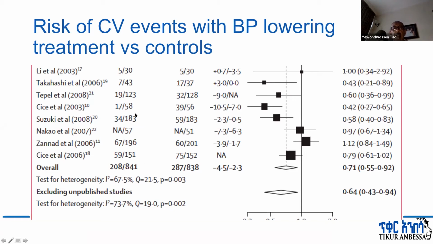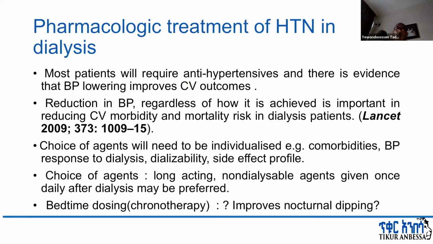The different studies used different antihypertensive agents; ARBs, ACE inhibitors, and calcium channel blockers were used in some of these studies. There were a total of close to 1,700 patients, and in the final analysis, it could clearly be shown that patients who achieved the lower blood pressure had lower incidence of cardiovascular events, including myocardial infarction, stroke, and death.